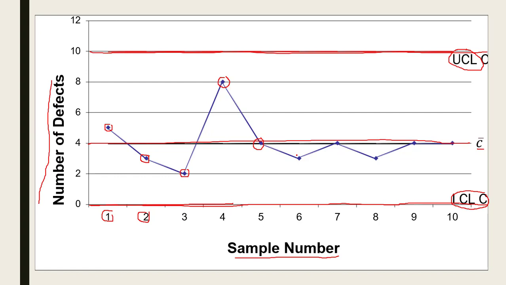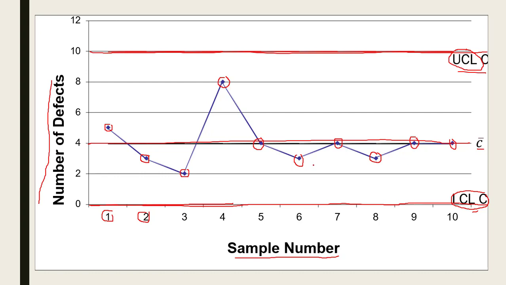By putting all these points and joining them, we get a chart that indicates that all 10 points of all sample numbers lie between the upper control limit and the lower control limit.